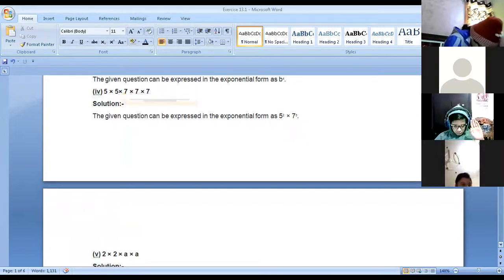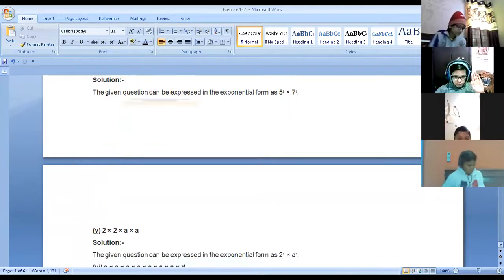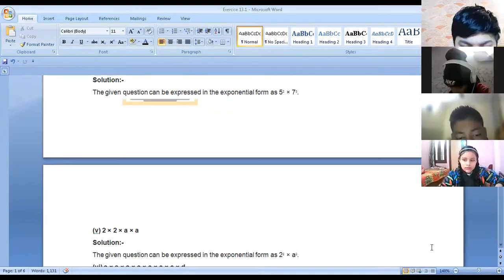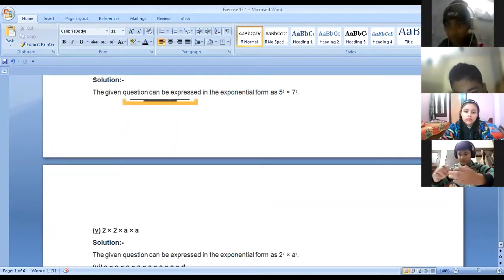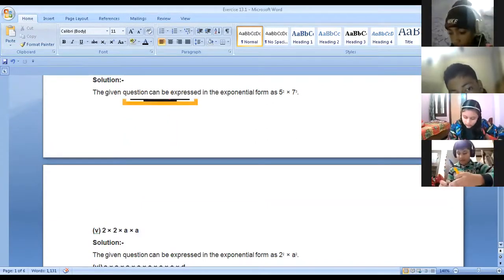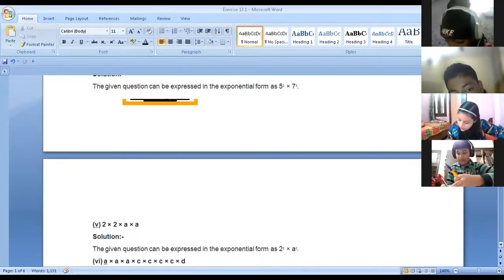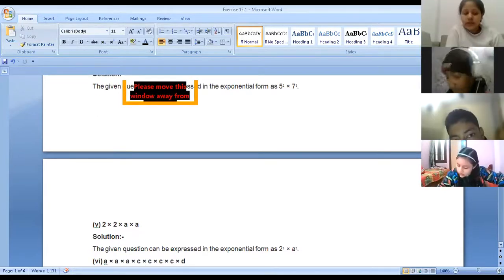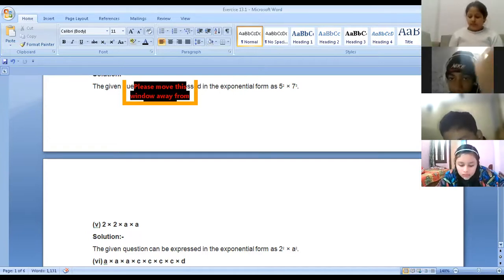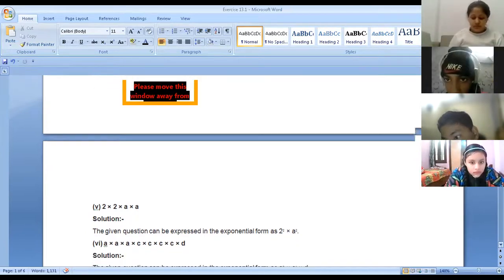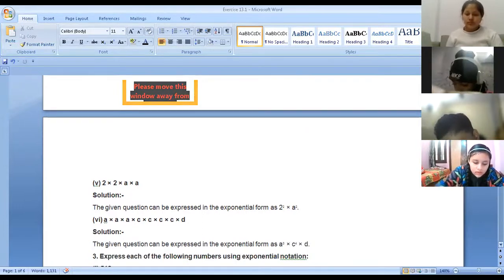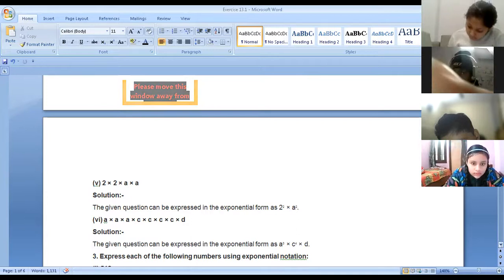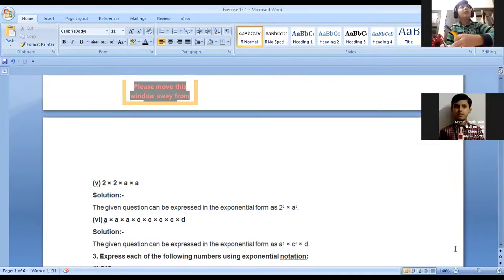Absolutely correct. Devanshi, next part. Very good. A square multiply c power 4 multiply d. Very good, children. This way you have to solve this question.